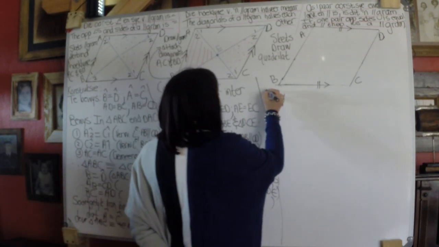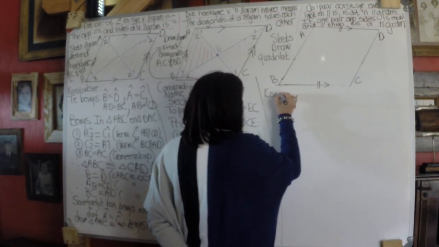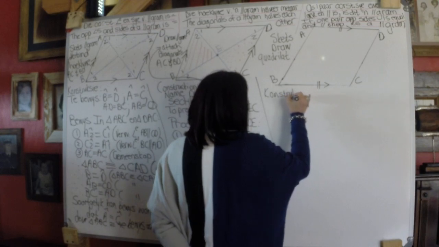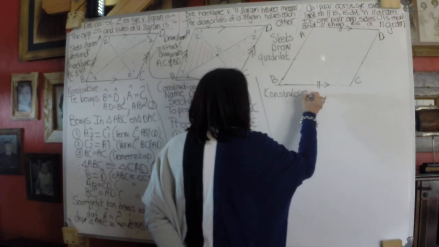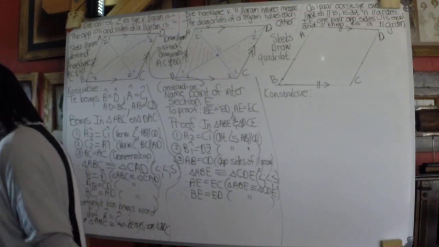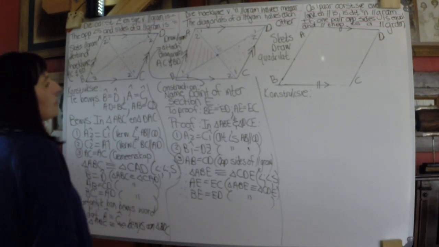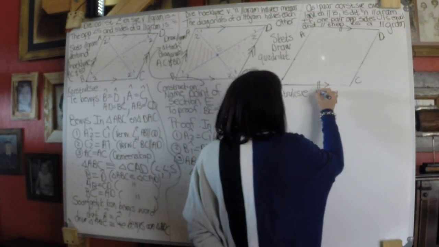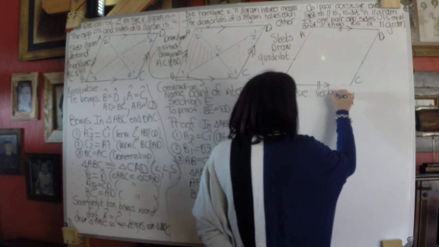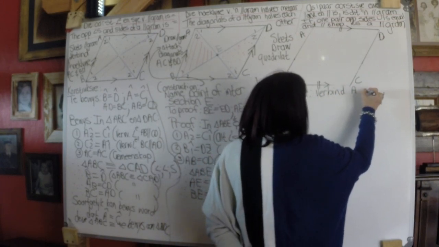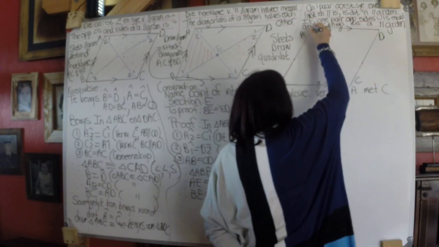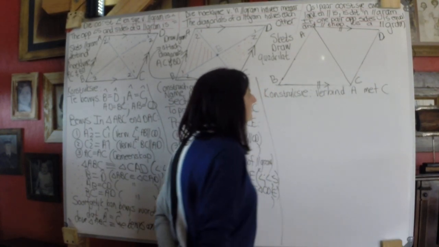Okay, now we're going to do the construction. Konstruksie vir hierdie ouetjie is nie nodig om A, C en B, D te verbind nie. Hier kan ons net A en C verbind. Verbind A met C. So ons doen dit.